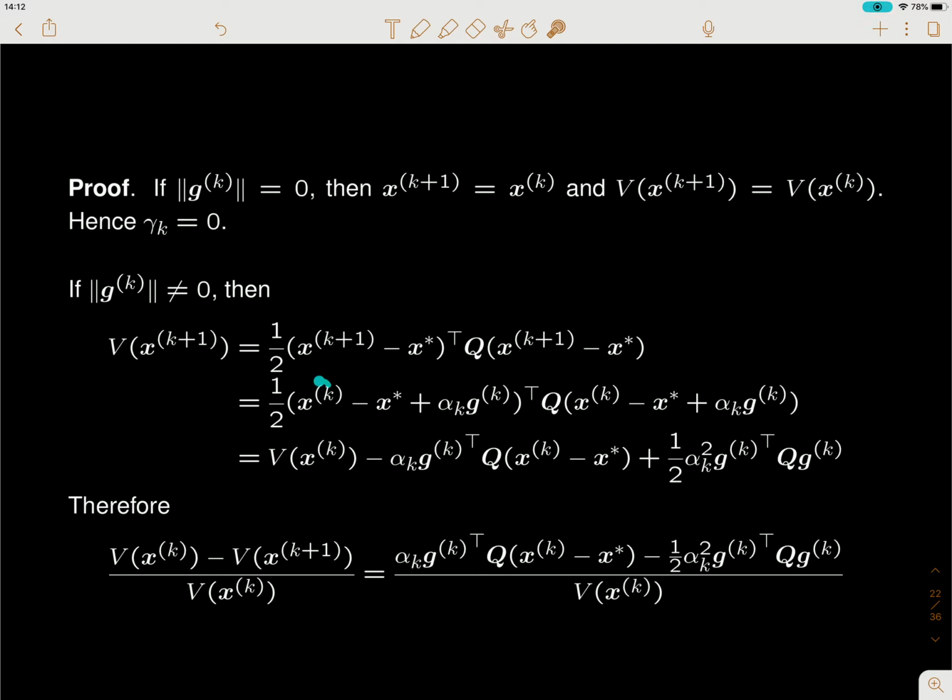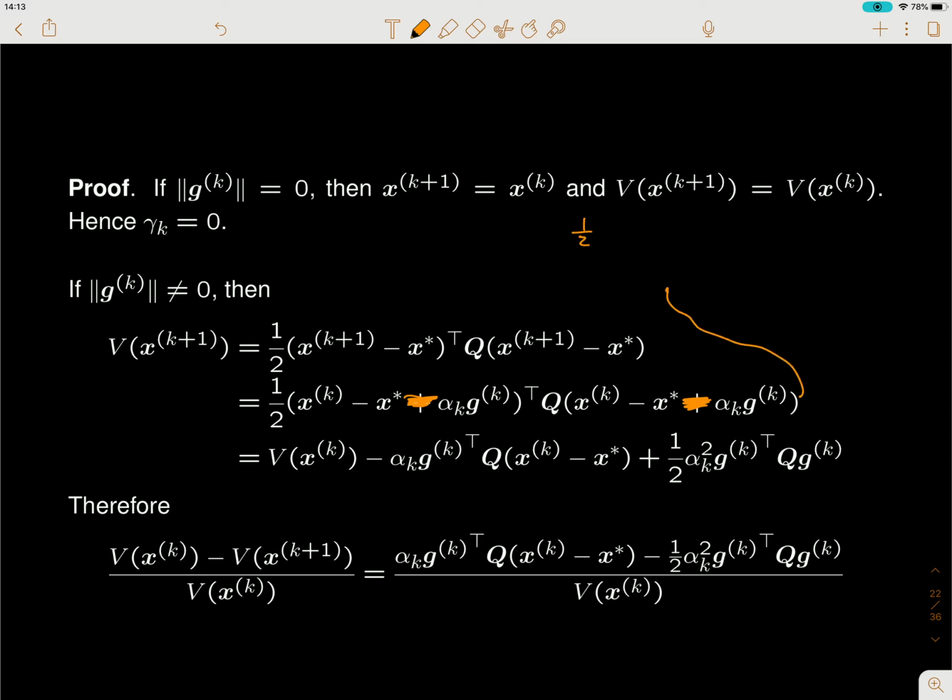We put this together with this, and this together with this, and then we'll have 1/2. Let me show how this line is done.